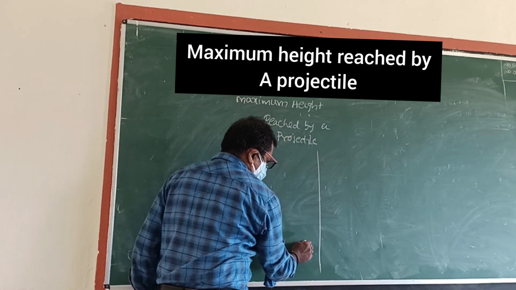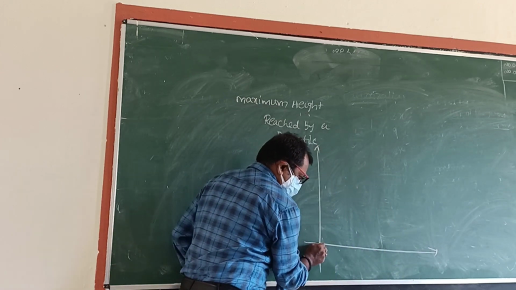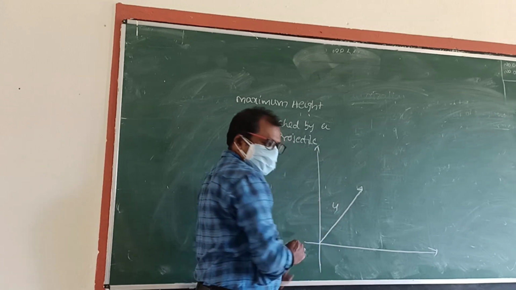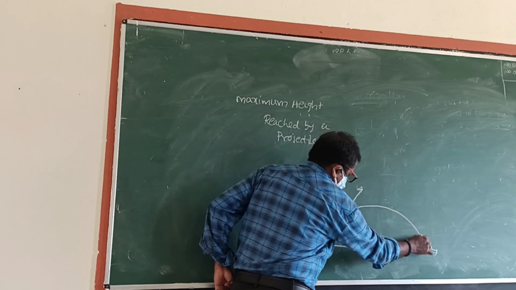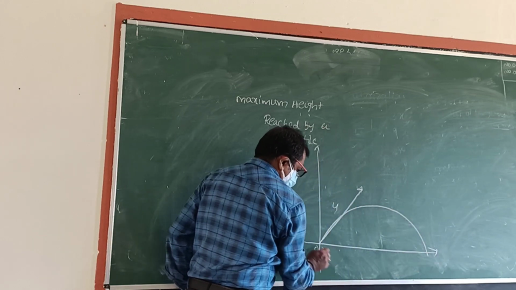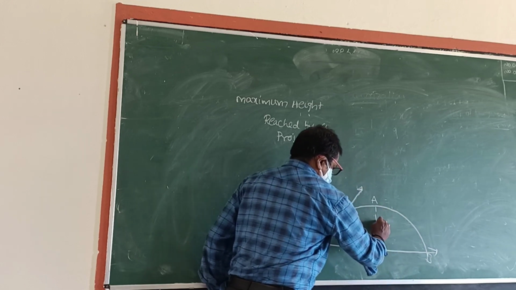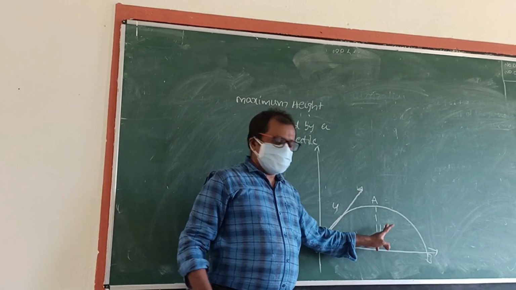Let us consider the same coordinate plane again as we have just discussed. Once the object is thrown with some initial velocity u, making some angle theta with the horizontal, it takes the parabolic path. Now we are going to find out the maximum height h reached by the projectile.